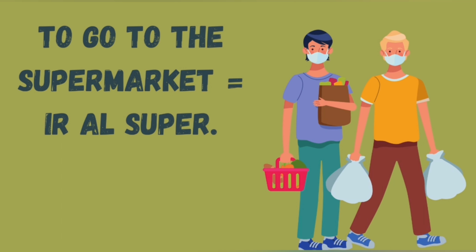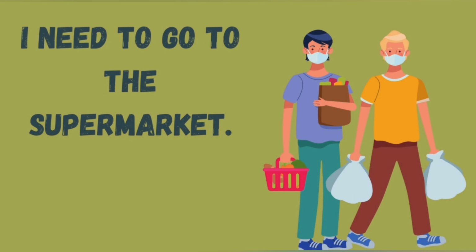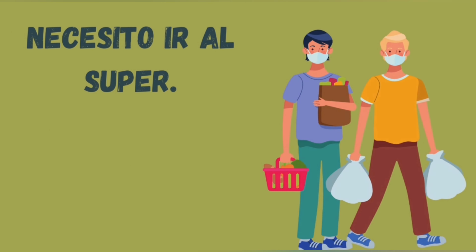Now we have this routine to go to the supermarket. In Spanish, we're going to say ir al súper. Ir al súper. And we have this example. I need to go to the supermarket. We will say this in English. In Spanish, we're going to say necesito ir al súper.